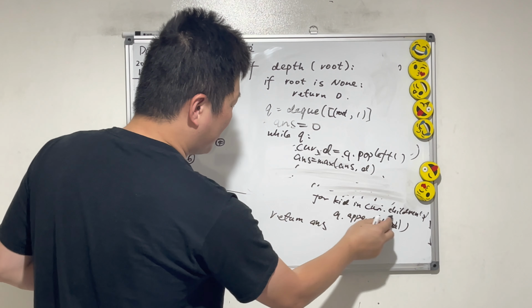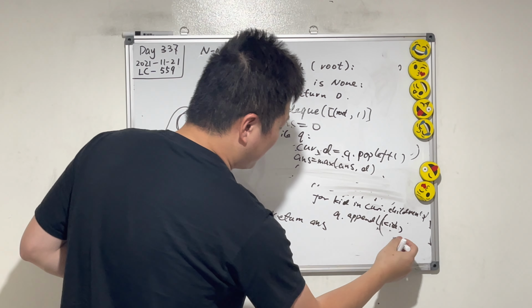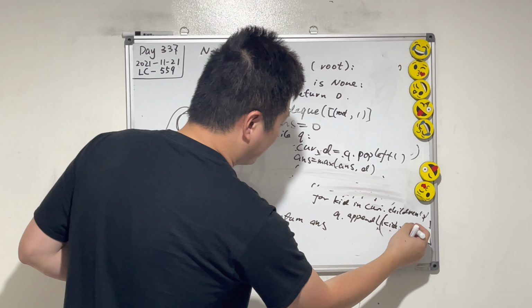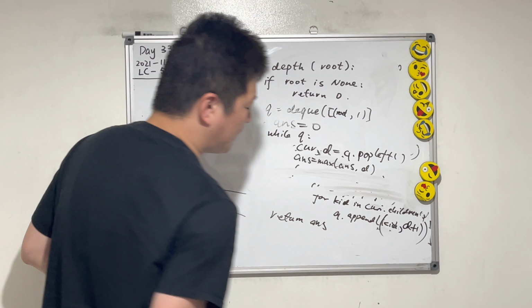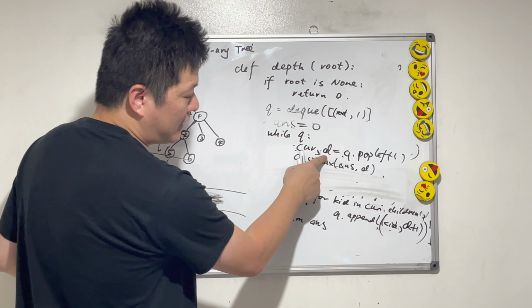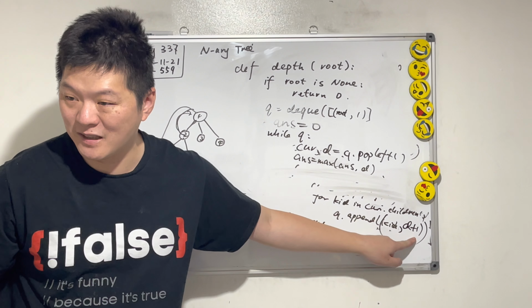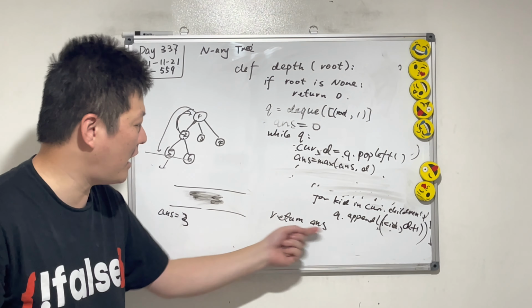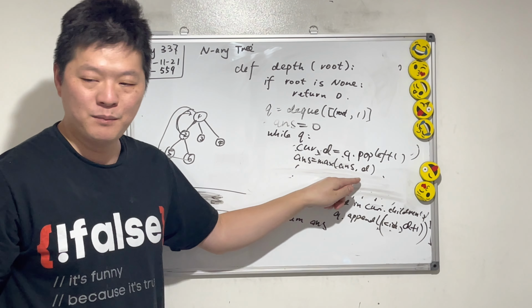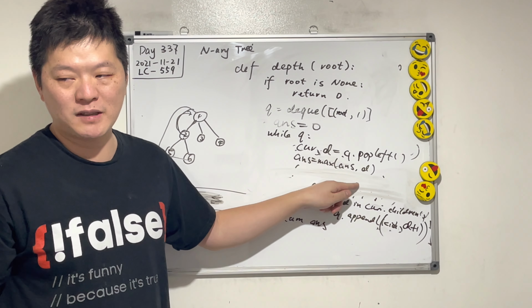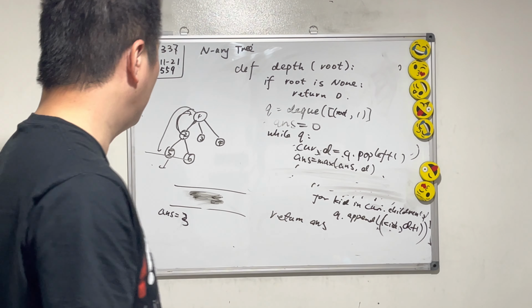For kid in current.children, I obtain kid, as a tuple, and I put a second variable, which is d plus 1, because the current depth is d, and when I push it to kids, the level will be d plus 1. Make sense? That's a tuple. Then next time I take one node out and compare with the maximum answer. So in this case, I will get the maximum depth.